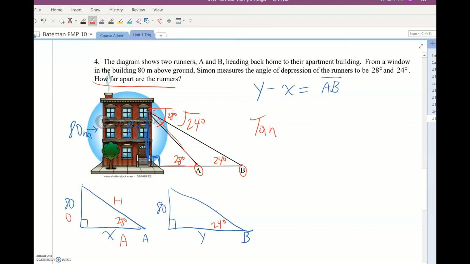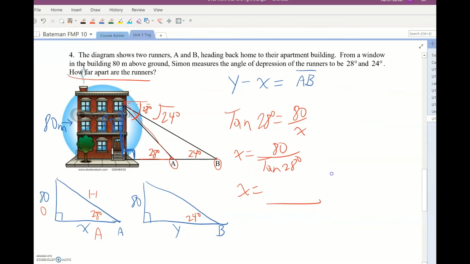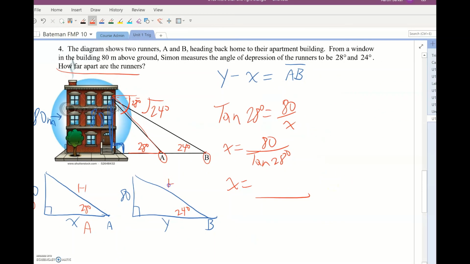That's the tricky part, and how do we get that? Come see me or ask me if you need help with that. So 10, 28 degrees equals opposite over X. So then X equals, skip a step here just for time, 10, 28 degrees, and then X equals the number. For the other one, label your HOA.